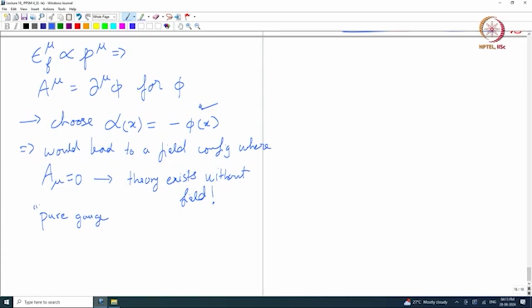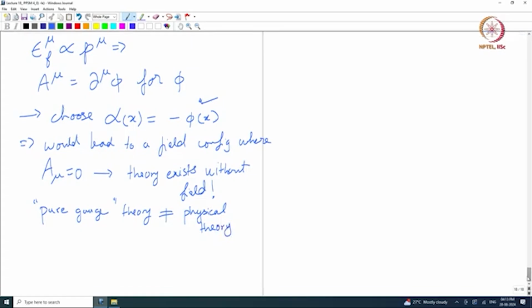So, it is a pure gauge theory, a pure gauge because alpha is the gauge, but there is no A mu. So, of course, a pure gauge theory cannot be a physical theory. I need a field to embed my degrees of freedom in, I want that field to transform like a 4 vector. Okay, good.